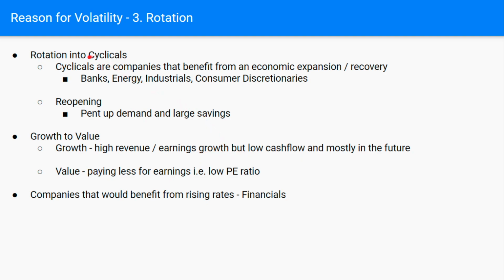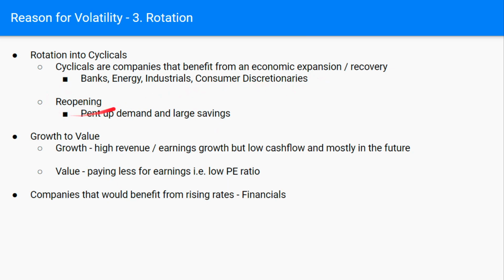And then the other reason for this rotation is because we're just coming out of the pandemic and there is reopening of the economy, and because of that reopening, there is an economic expansion and recovery. So consumer cyclicals or cyclical companies benefit from the economic expansion or recovery in the economy.